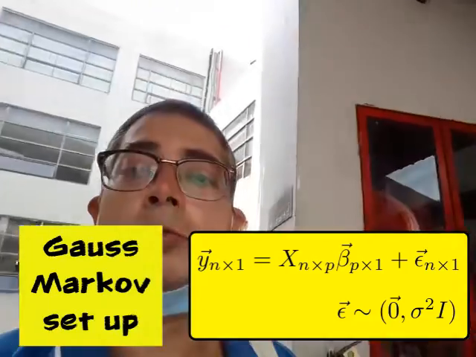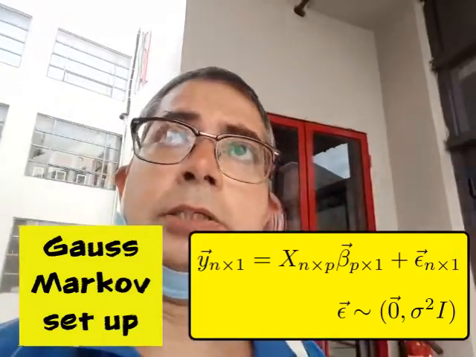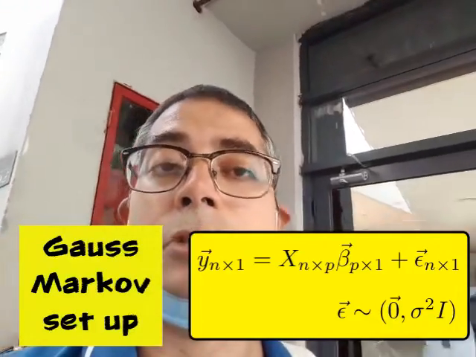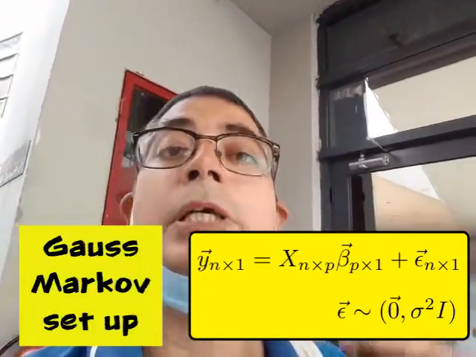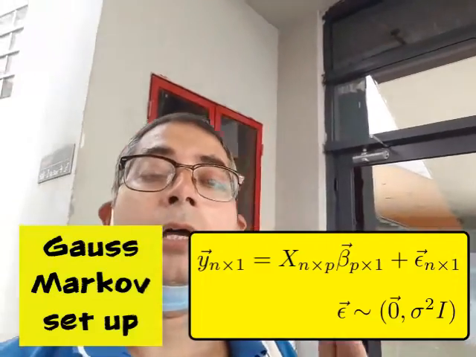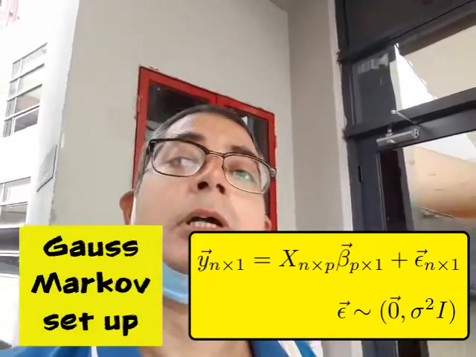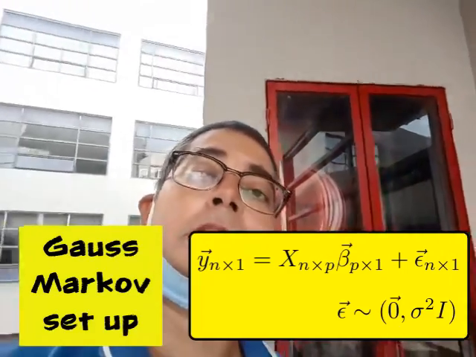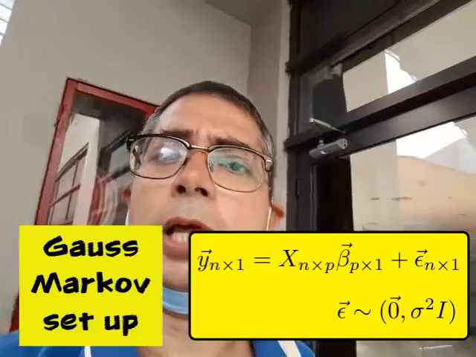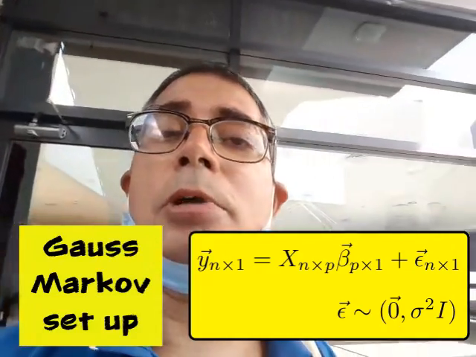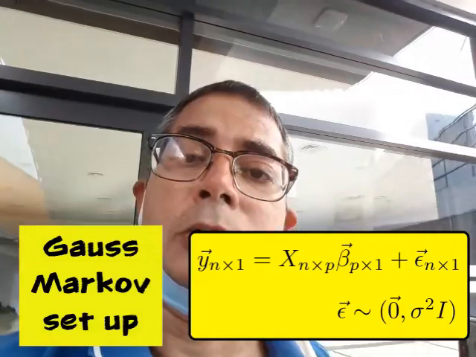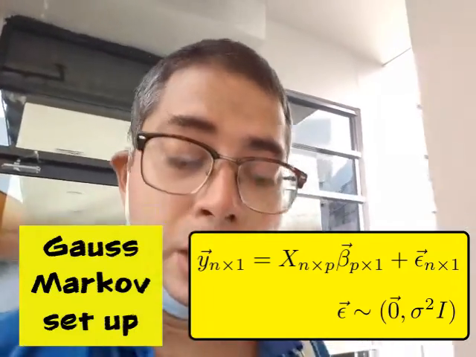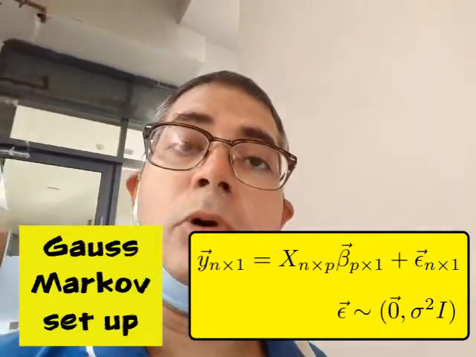So we had y equal to X beta plus epsilon, that is any linear model, and I have reminded you about the sizes: there are n rows and p columns. The Gauss Markov setup has been written as epsilon tilde (0, sigma square I), which is very much like the multivariate normal notation, where the mean is 0 and the covariance matrix is sigma square I. This captures two things in one notation.